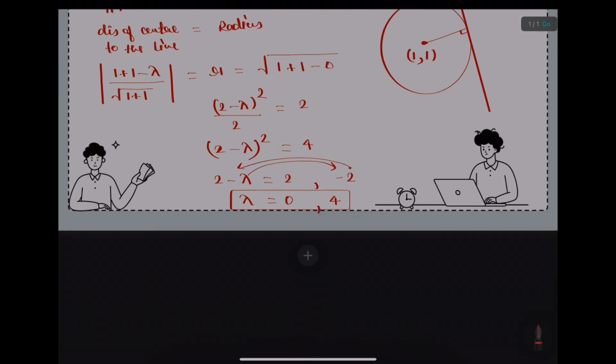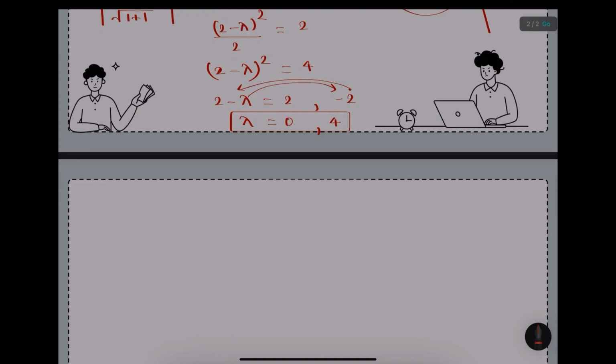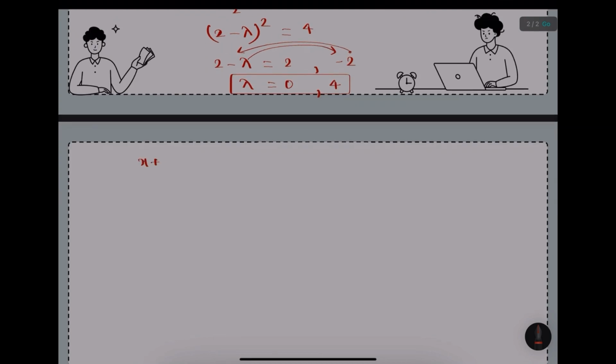Now look at this. Suppose you got the equation of a line as this, and you got the equation of a curve. Now you want this straight line to touch the given curve.